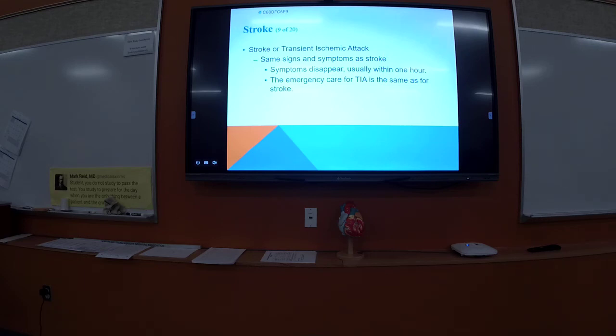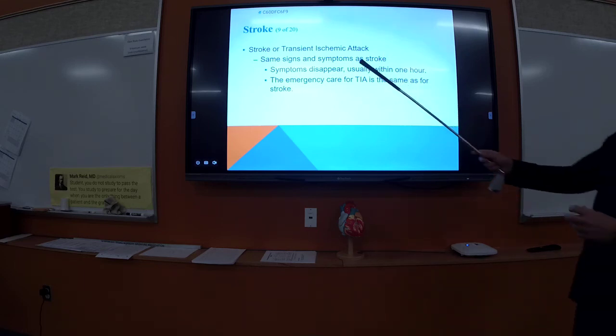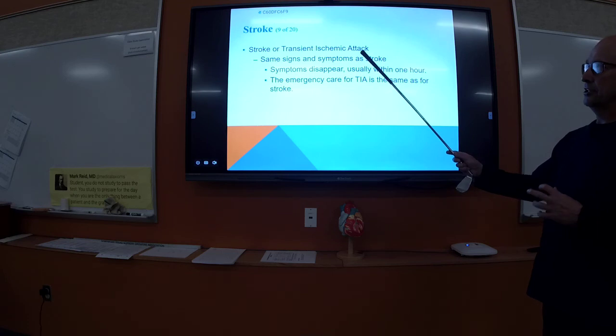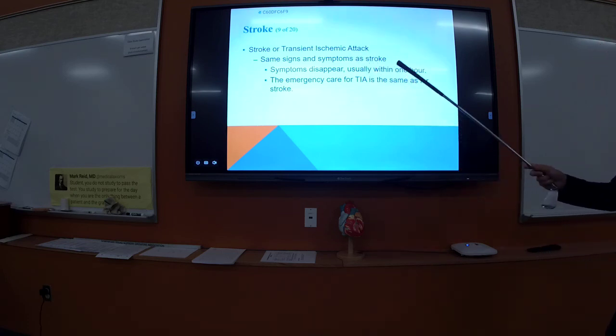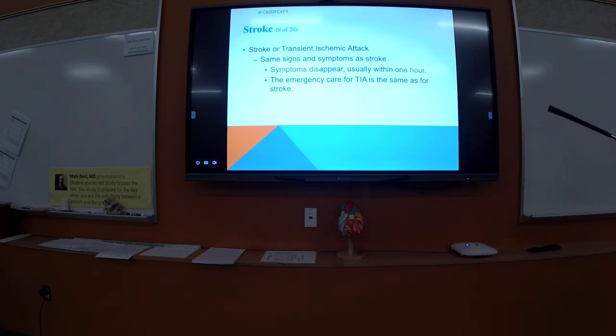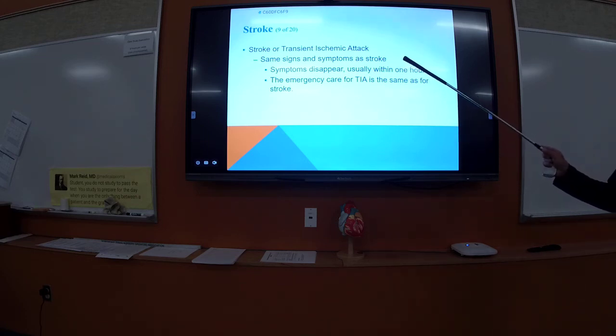We have this called a TIA, or transient ischemic attack. A transient one is one that comes and goes. Okay? That's the way that I remember it. And so the signs and symptoms are the same as those ischemic stroke signs and symptoms. Okay? They're the same signs and symptoms.